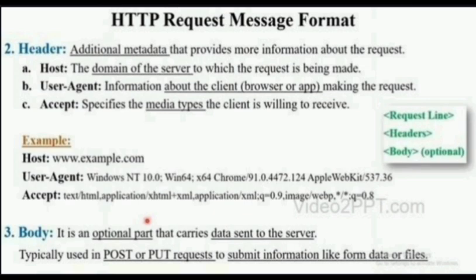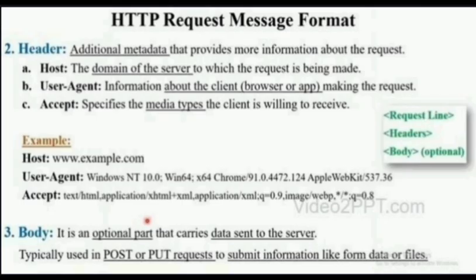For example, User-Agent: Chrome/91.0. Accept. This header specifies the media types, like HTML, XML, or images, that the client is capable of receiving and processing. Example: Accept: text/html, application/xml. Body.